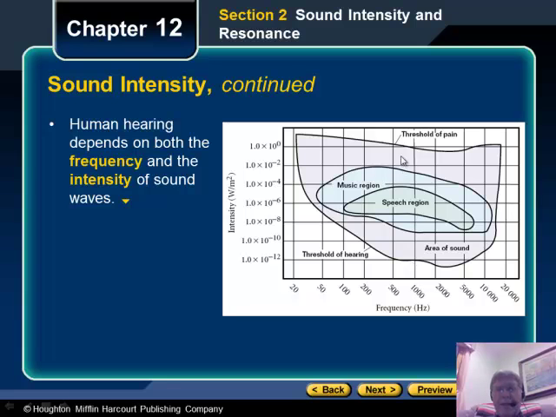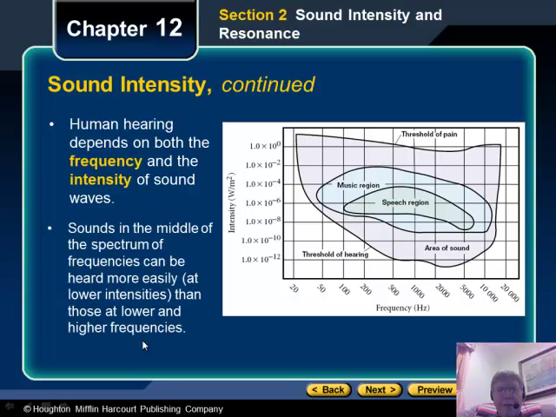And you can see as we go up in intensity, we pass through the music region, the speech region, and eventually we get up here to the threshold of pain. Any sound above that threshold of pain can mean damage to your hearing. And so when your music is on so loud that it hurts your ears, that's a sign that you need to turn it down.